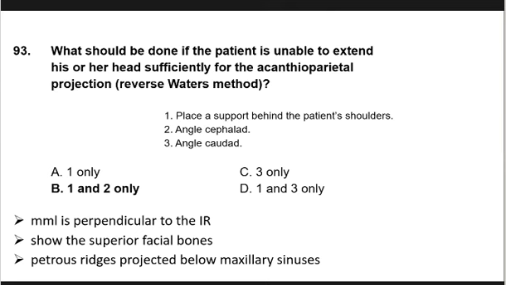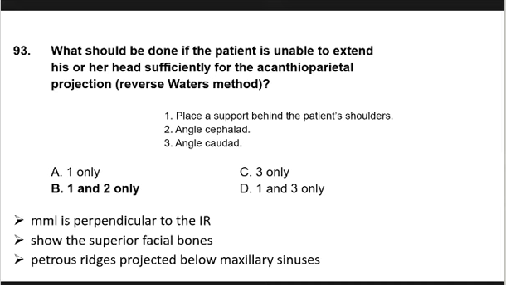What is our baseline, class, for the reverse Waters method? Our baseline for the reverse Waters is MML. MML is the mento-meatal line, the baseline for the Waters method, either Waters or reverse Waters. If there is a board exam question on baseline, that is the line that is not angled.